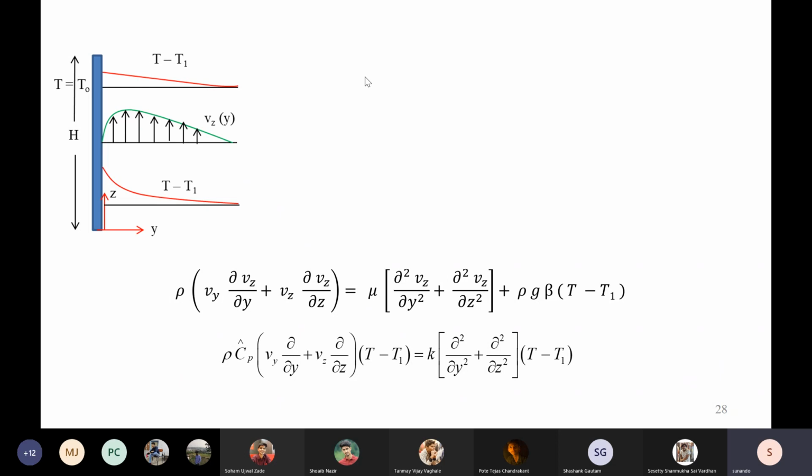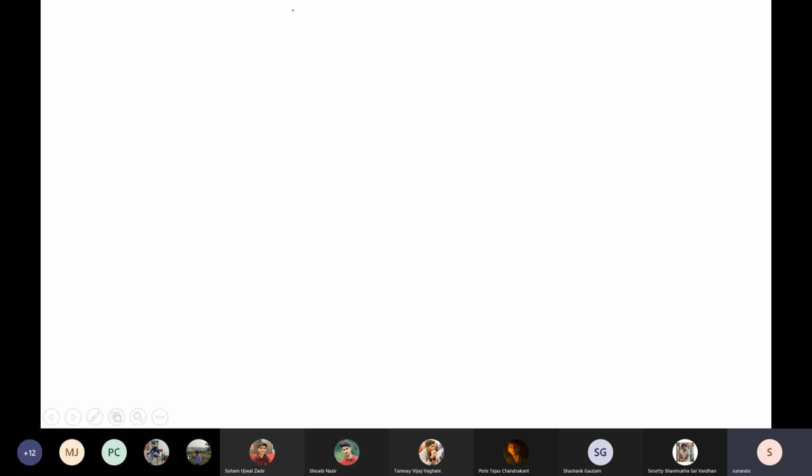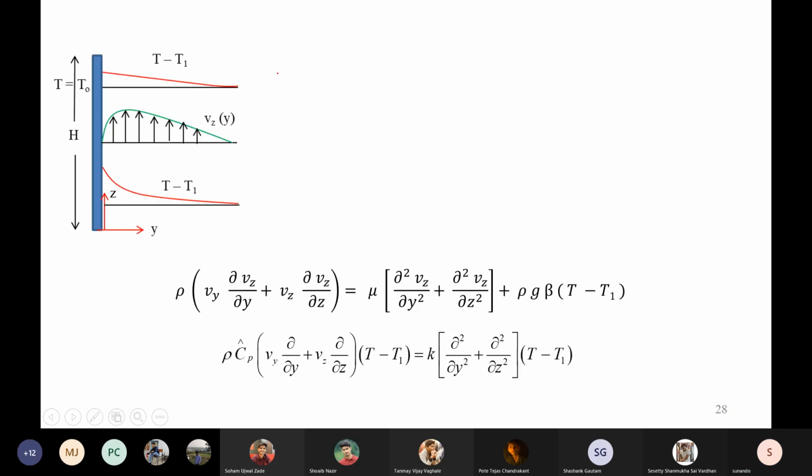Anyway, we now have to identify what could be the possible boundary conditions.